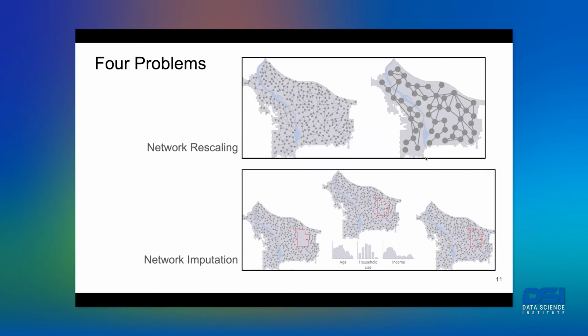Okay, so the first class of problems is network rescaling. You have a graph or a network representing a population, for example, Portland, and maybe you want to either scale it up or scale it down. Maybe you want to model a larger metropolitan area, so you want to make the graph bigger. Maybe you want to model just a single township.